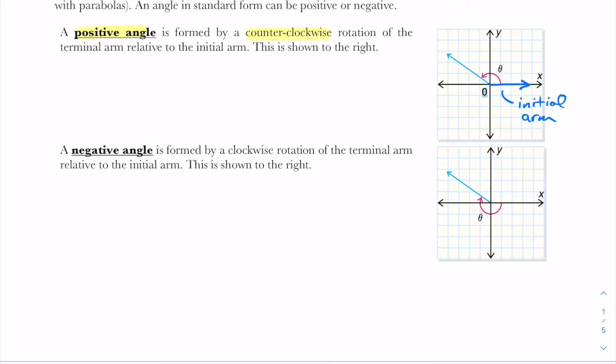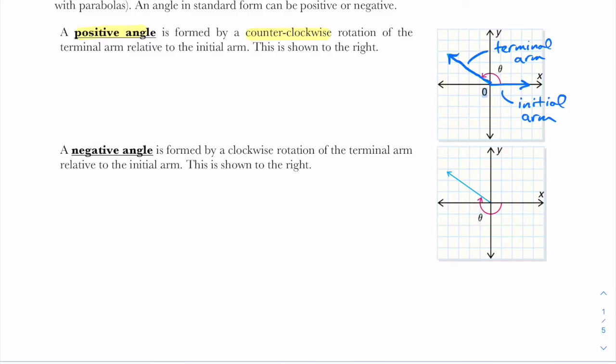And imagine if the initial arm stays fixed, and relative to that, you rotate this other line called the terminal arm. And I'll just make that a little more clear in the picture to the right. Because we rotated counterclockwise, by convention, this is a positive angle.